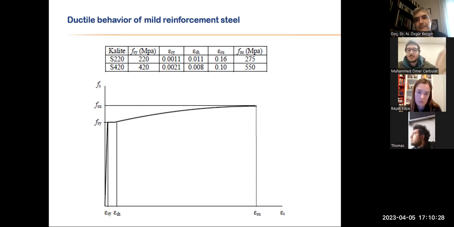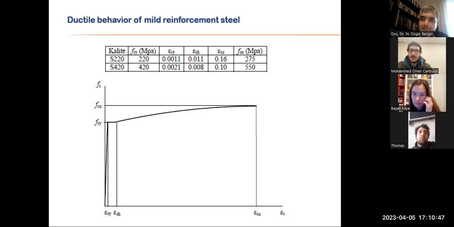So this strain value means ductility, of course. We can predict the ductility of the structure from these values.